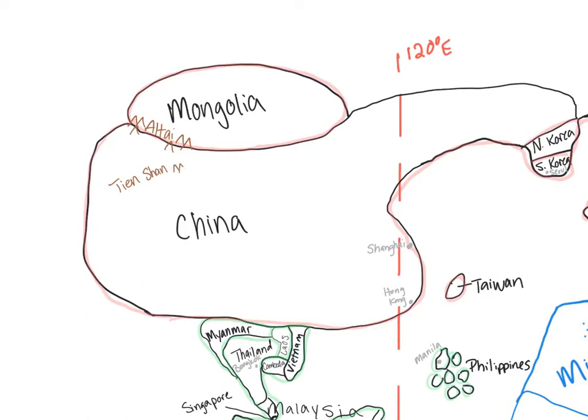I don't know how to pronounce it, but it's over here. So highlands over here on the western side of China. We also have the Kunlun mountains over here. And then obviously you know that these big mountains right here along this border is going to be the Himalayas, which is what we have already labeled in our other sketch map. Okay, so Himalayas are right there.